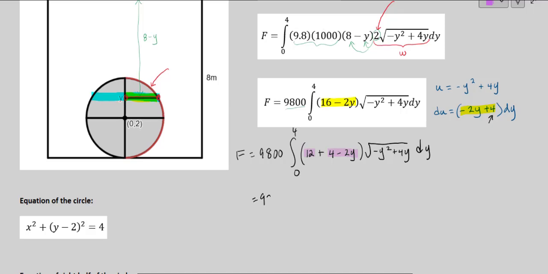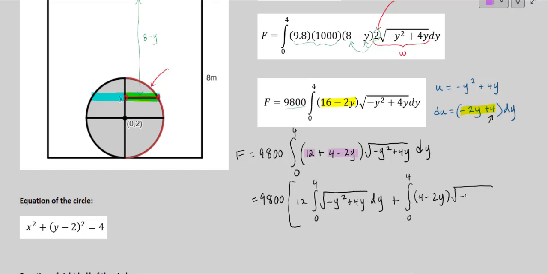So we will have 9800, big bracket. We are going to have the integral, which is 12 times the integral from 0 to 4 of the square root of negative y squared plus 4y, dy, plus the integral from 0 to 4 of 4 minus 2y multiplied by the square root.